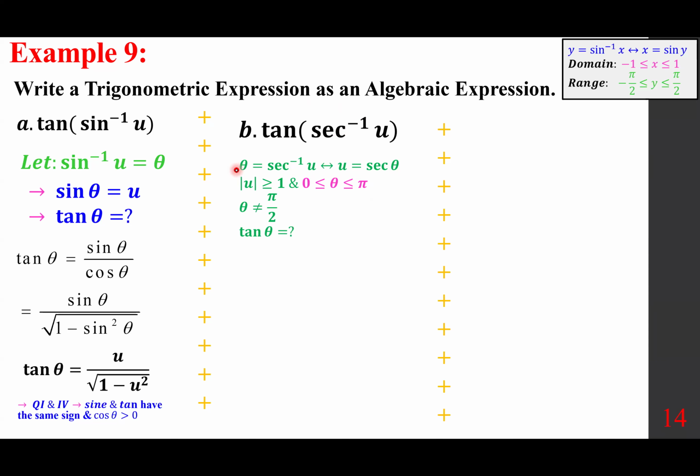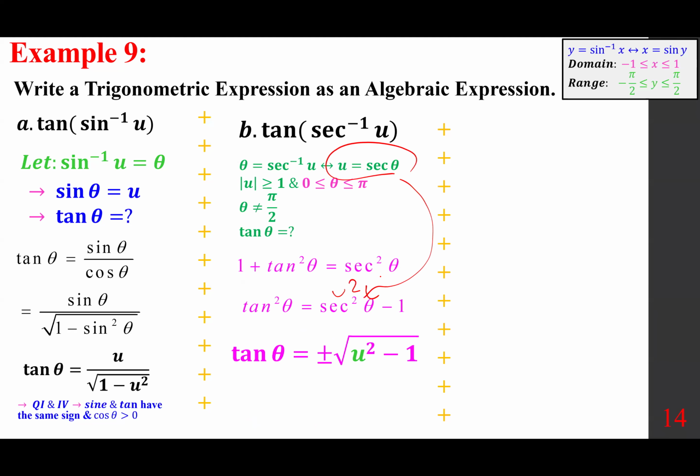And we know 1 plus tan squared is secant squared. So tan squared is secant squared minus 1. And secant can be replaced with u. So u squared minus 1.